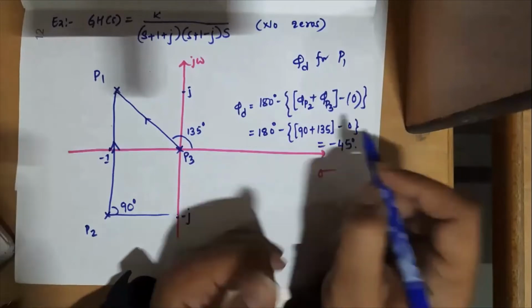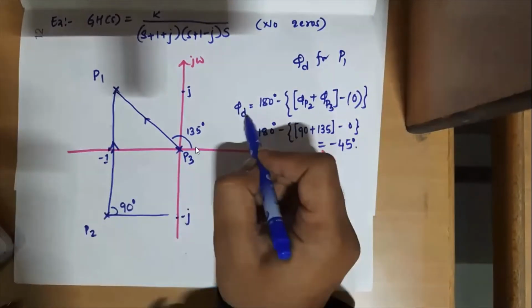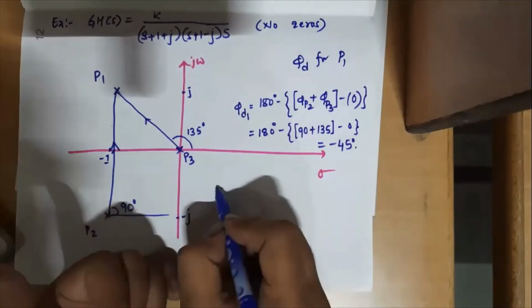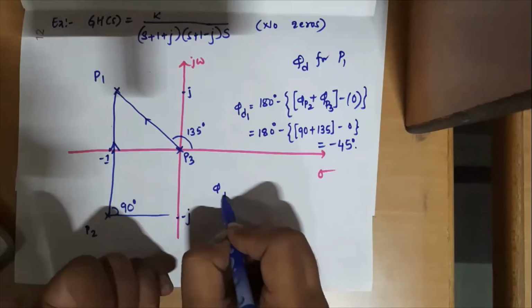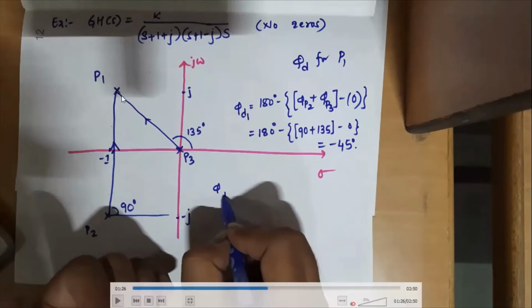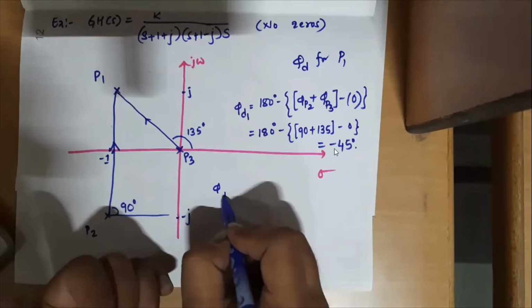So we get minus 45 degrees. I will call the angle of departure from P1 as phi D1. Therefore, the angle with which my root locus starts or departs from P1 is minus 45 degrees.